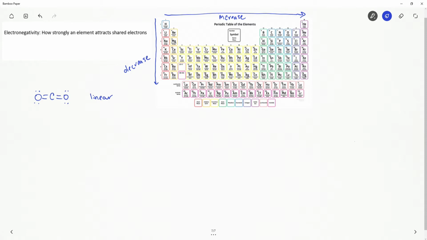If I look at this carbon-oxygen bond, oxygen is more electronegative, so my arrow is going to point towards it. Carbon ends up with a partial positive charge. What about my other carbon-oxygen bond? It has the same thing. So this molecule has two polar bonds.